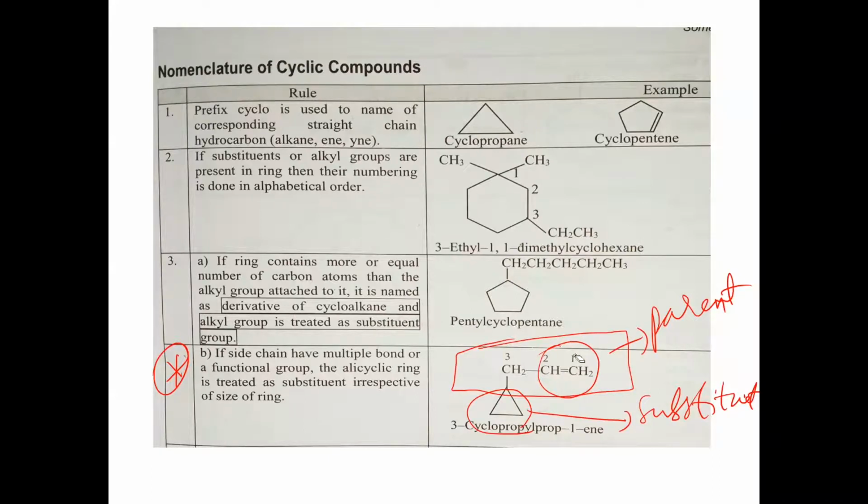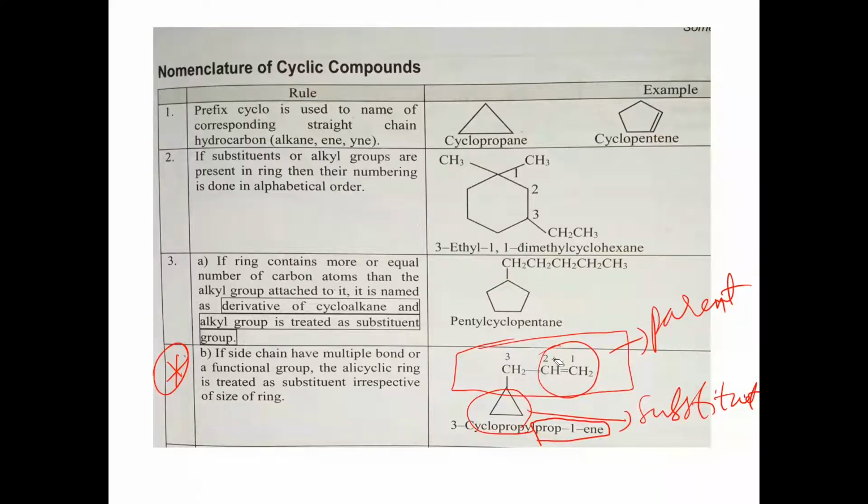If you start numbering at 1 on the other end, 1-ene comes. So prop-1-ene is the parent compound, and on the third carbon a cyclopropyl group is attached. So 3-cyclopropylprop-1-ene is the name of this compound.